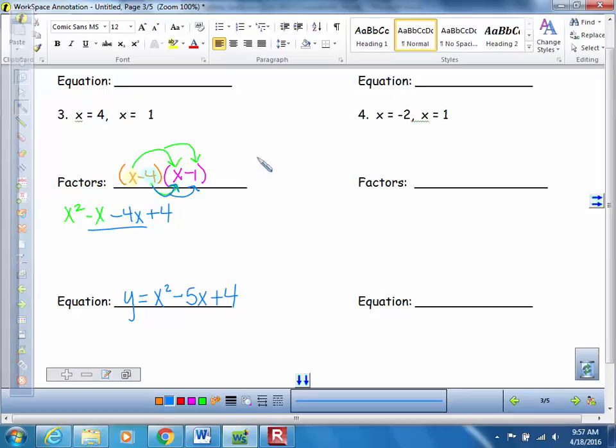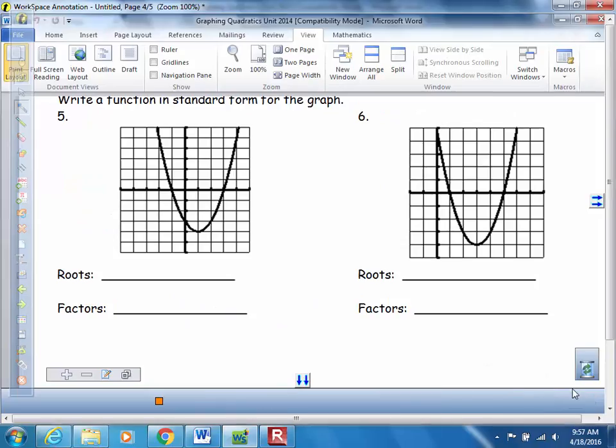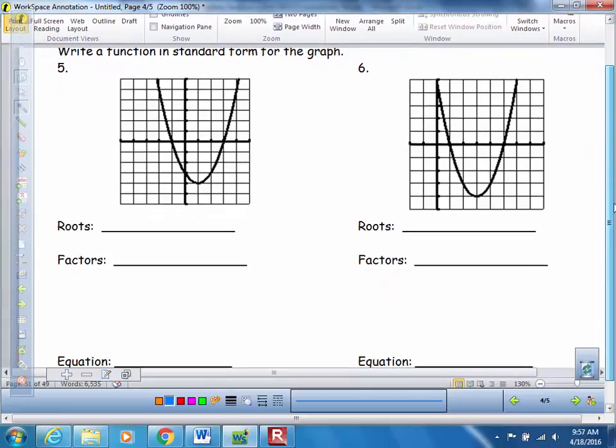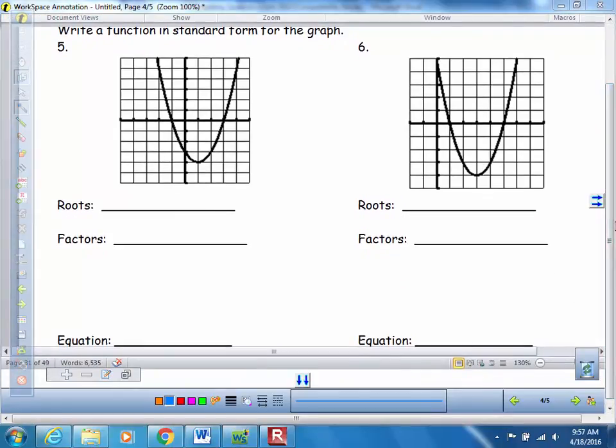Okay, now what I want to look at is how to write a function in standard form looking at the graph. So if you will flip to the back of that note sheet, they give us a graph, and now we're going to get it from the roots. Okay? So roots, does anybody remember what a root stands for, what that means?